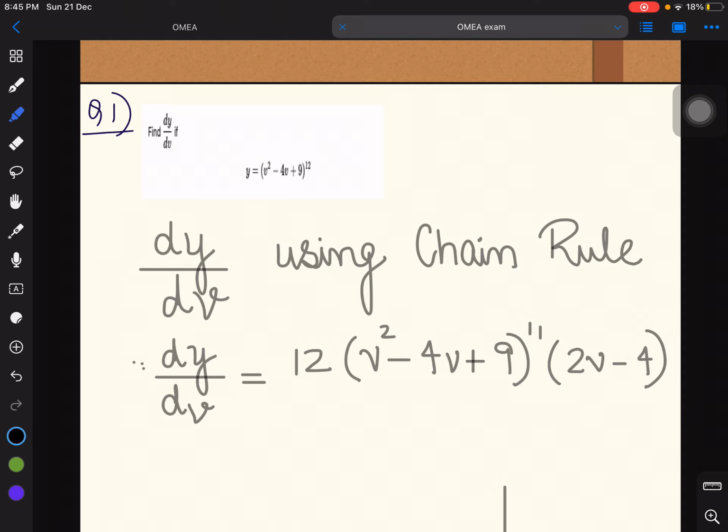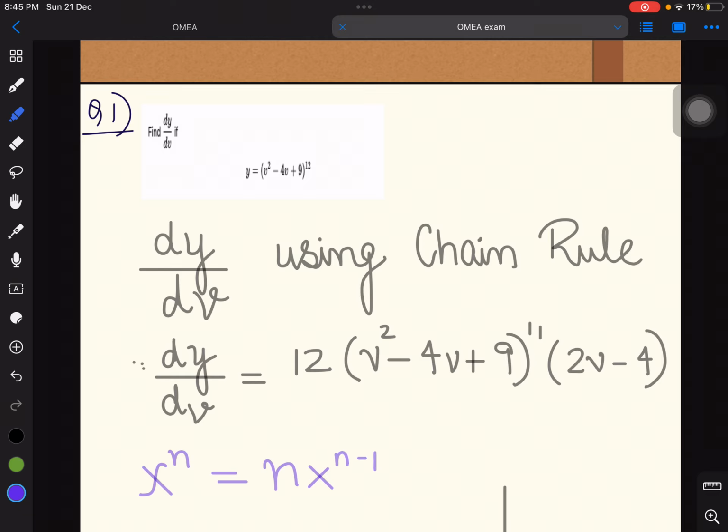The formula that is used in this is: the derivative of x raised to the power of n is n x raised to n minus 1.